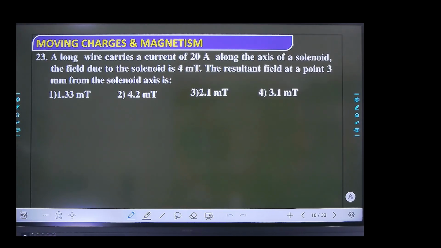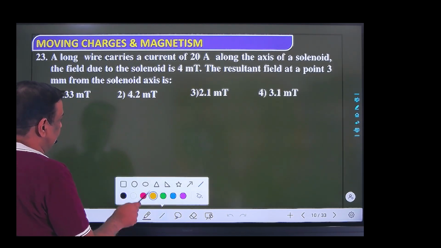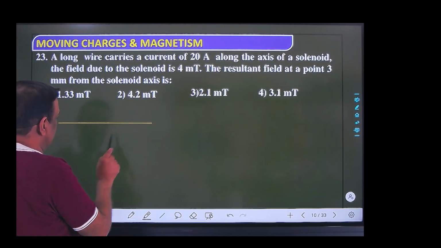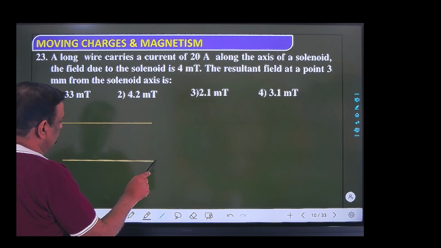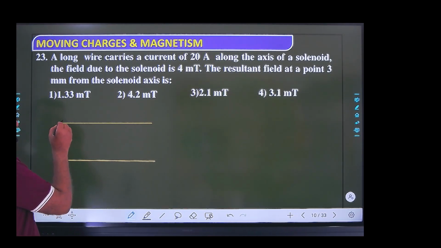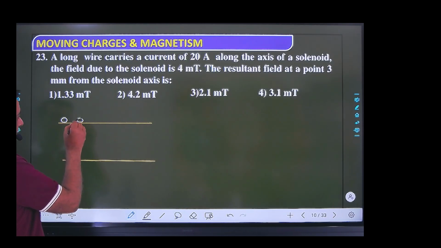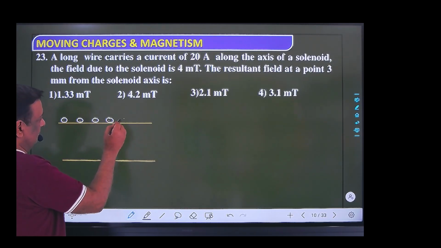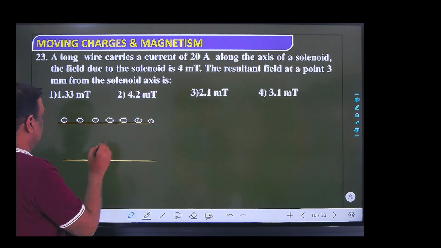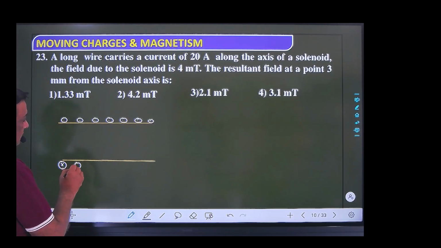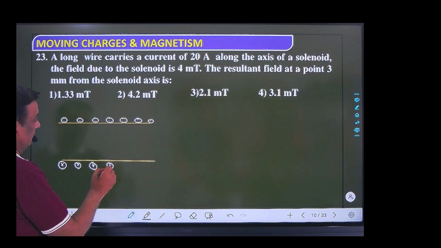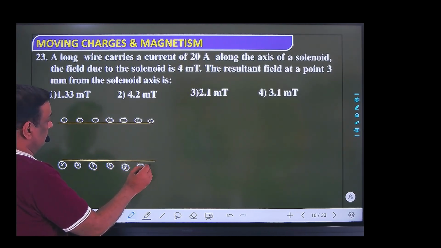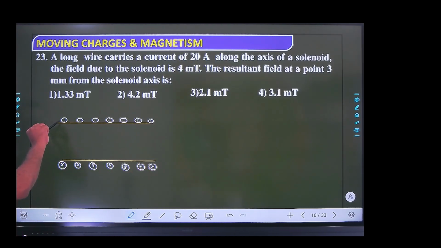Find the resultant field at a distance of 3 millimeter from the axis of the solenoid. Did you understand the question? We also have a solenoid. You can assume the current flows outwards here, and flows like this.